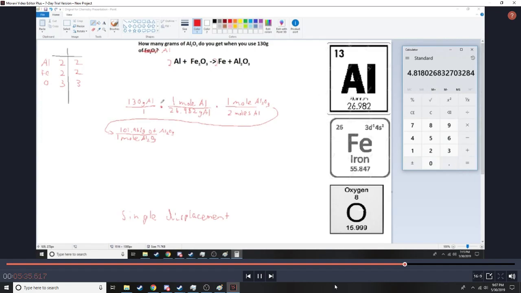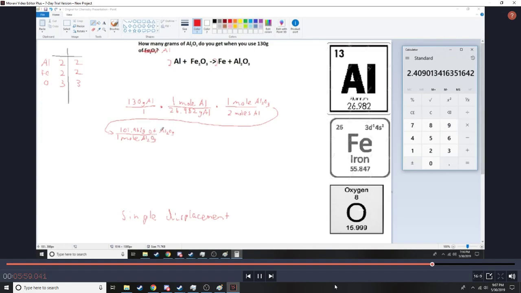These two units cancel out, and now we have moles of aluminum. We have 4.81 moles of aluminum. Now, for every 2 moles of aluminum, we get 1 mole of this. So we're going to divide this by 2, because 1 times that number equals that number, over 2 will equal 2.409. So that's how many moles of Al2O3 we're going to have.